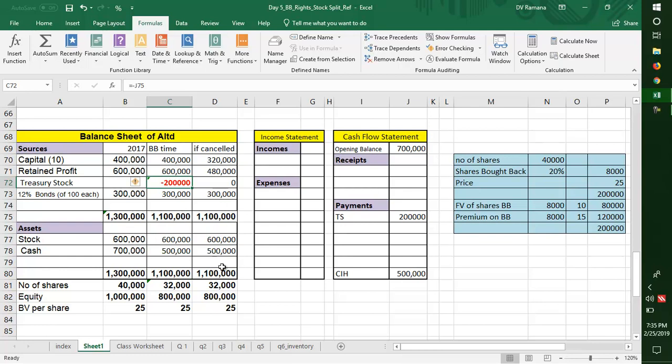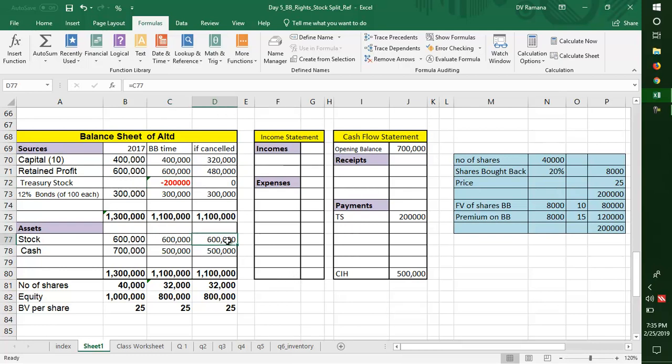Normally, the shares are cancelled. If it is cancelled, then the transaction's impact will be like this. Capital reduces, retained profit reduces, share premium reduces, and cash reduces.